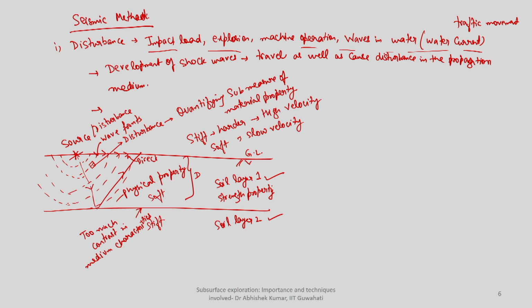Some wave might travel into the deeper medium, so you can call it absorbed, or travelling downwards. Some wave will travel along the interface, which keeps on creating more and more wave fronts, because once it is travelling here, it will again be considered an additional source.